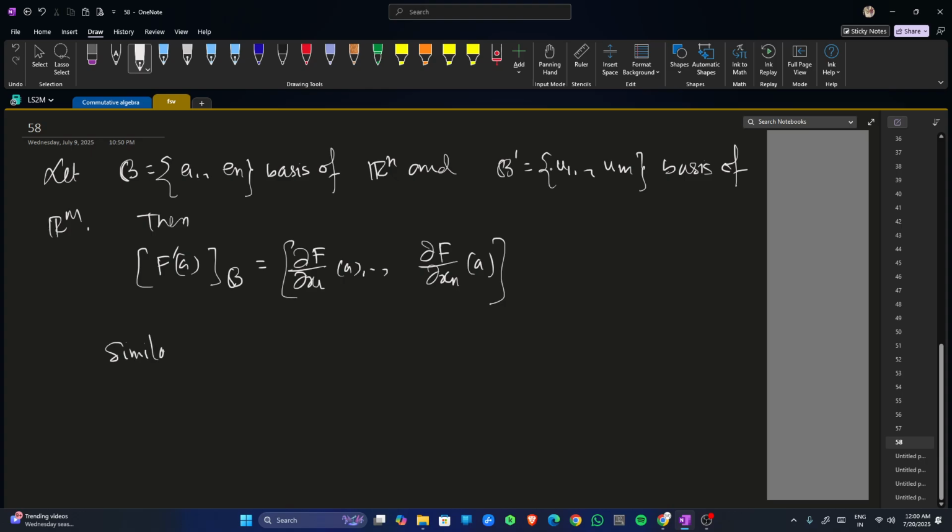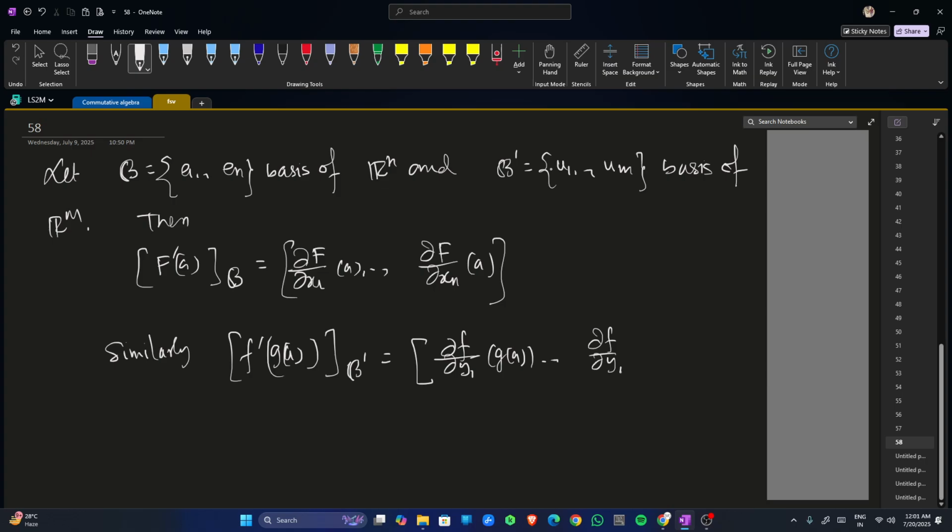Similarly, f prime at the point G(a) looks like del f del y1 at the point G(a), dot dot, del f del ym at the point G(a).